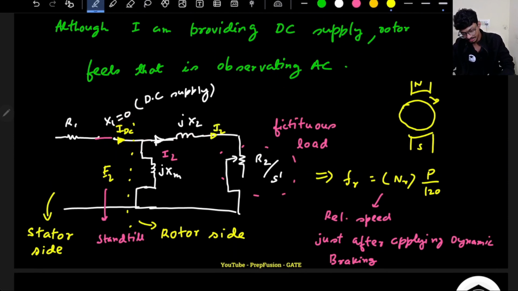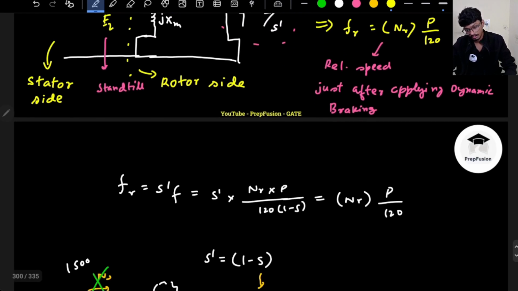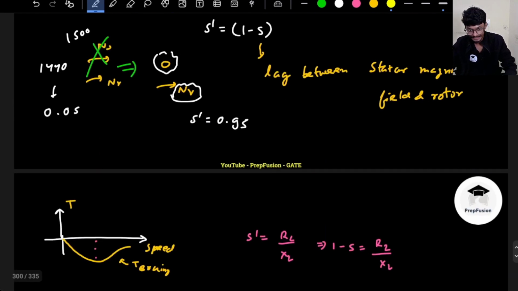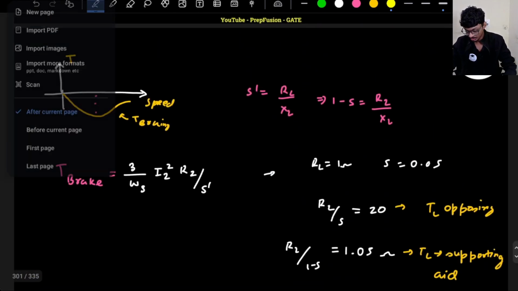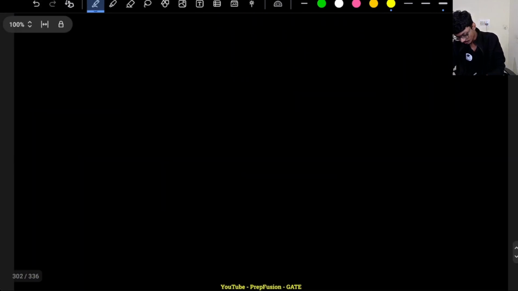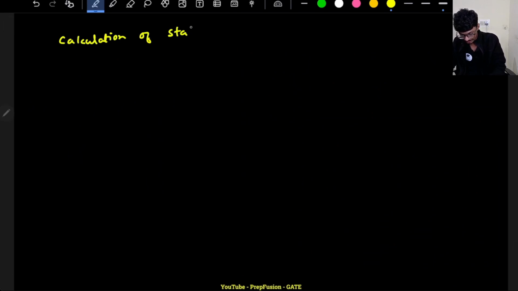So how will I equate it? Now comes the concept of MMF balance. Whatever concepts we learned in transformers are still used here, because it is just like a transformer. So now we will discuss the calculation of the stator DC current.